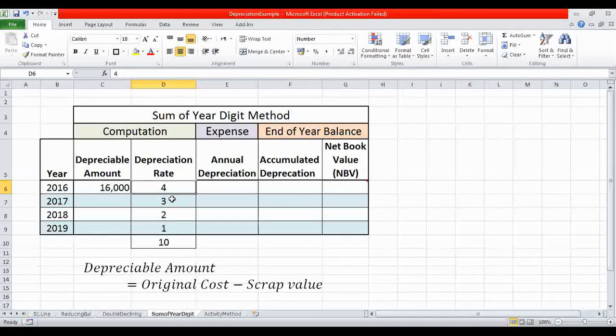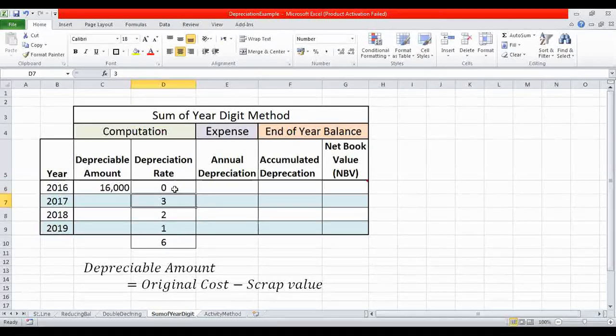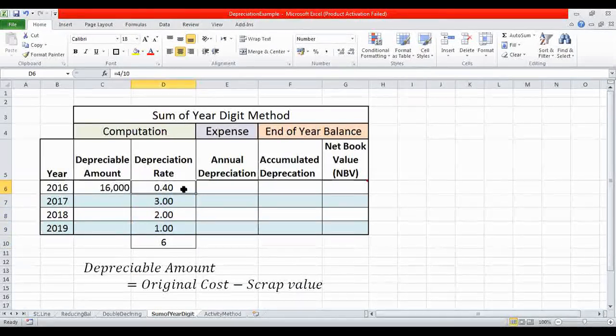So 4 plus 3, 7 plus 2, 9 plus 1 is 10. Now we need to calculate this rate. We can calculate it like this: 4 divided by the total number 10. When we divide it, it becomes 0.4. Let me change the format so that we can see. So you can see 0.4.